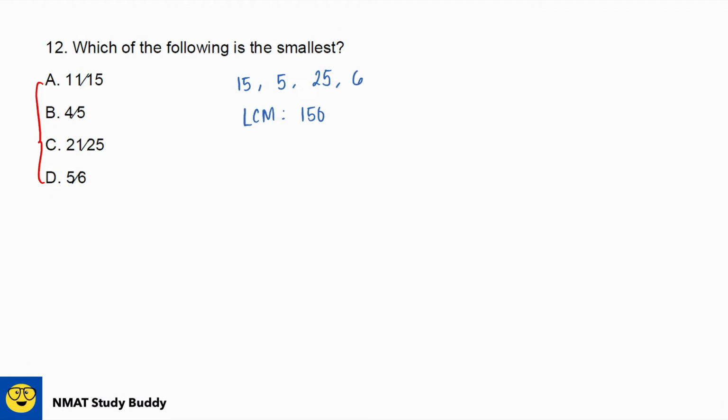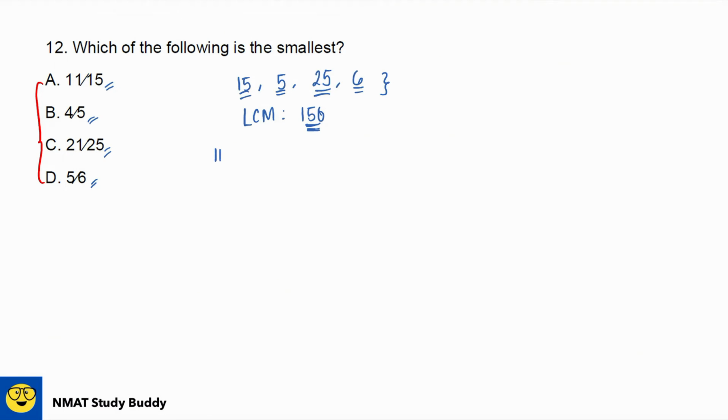Actually, pag minultiply nyo yung 25 and 6, 150 yung makukuha nyo. And since yung 150, divisible din siya sa 5 and 15, ibig sabihin, yan yung LCM nila. Or, pag sinabing divisible, kapag dinivide mo yung 150 by these numbers, walang remainder. So, gagawin nating 150 lahat ng denominators nila.